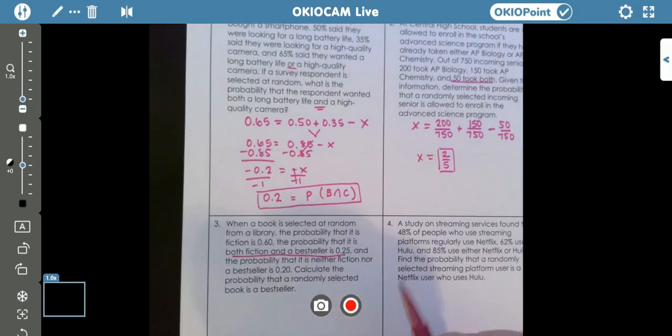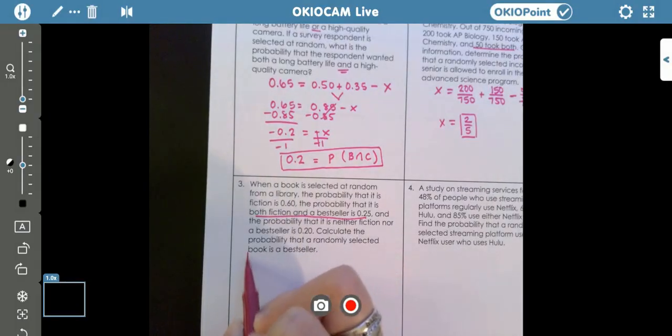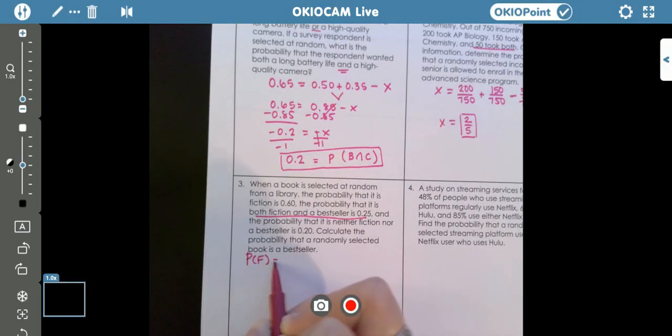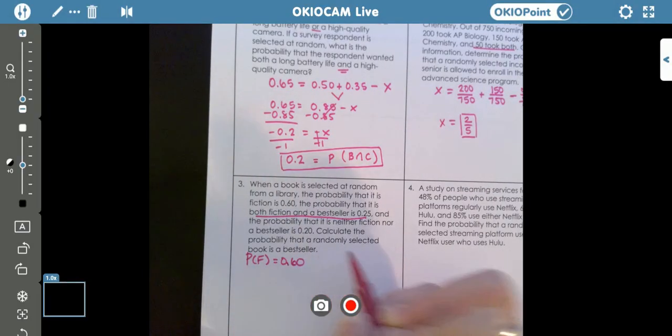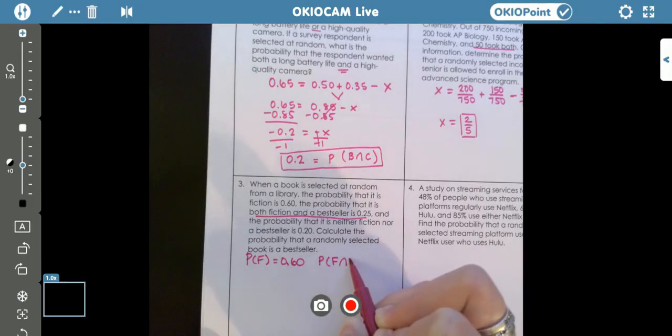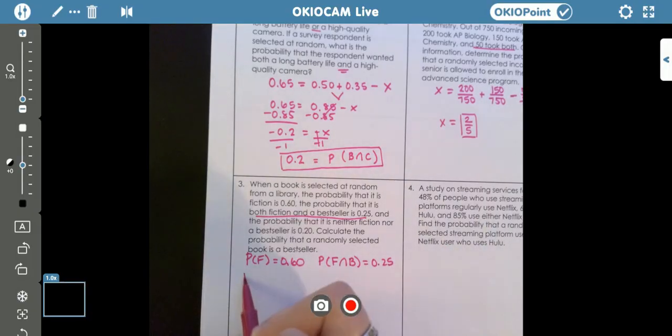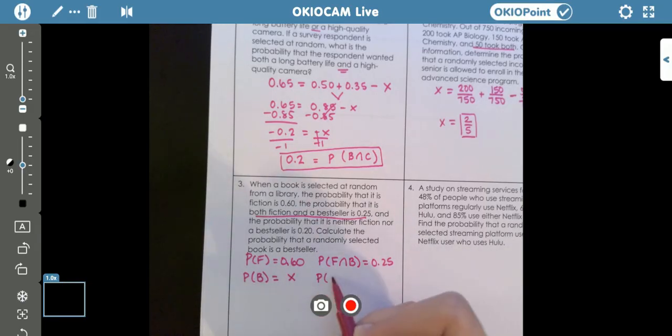All right, so let's write down the information that we've got. Probability that it's fiction is 0.60. Probability that it's fiction and bestseller is 0.25. I'm looking for the probability that it's a bestseller. And the one that I'm missing is the probability that it's fiction or a bestseller.